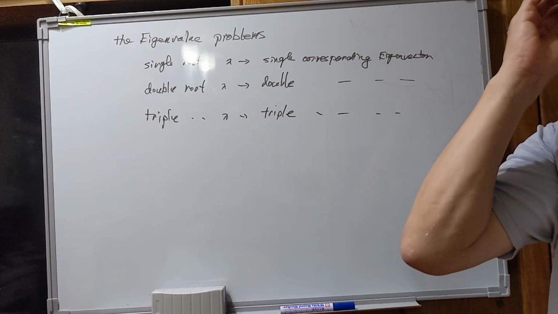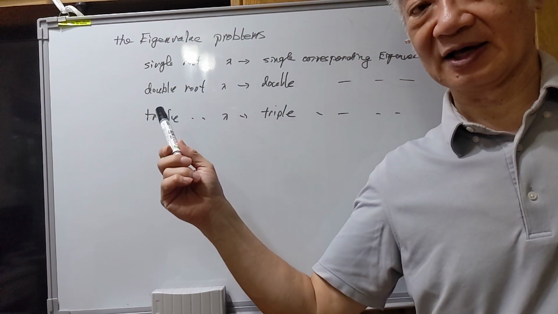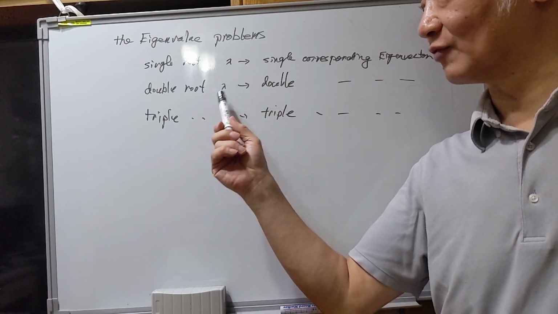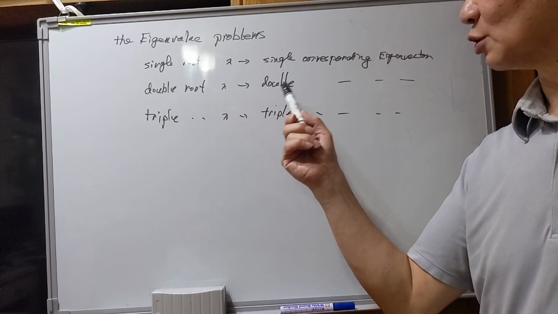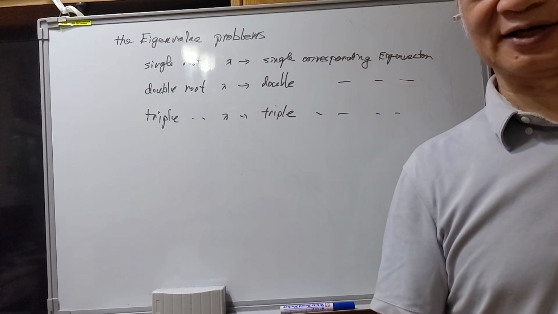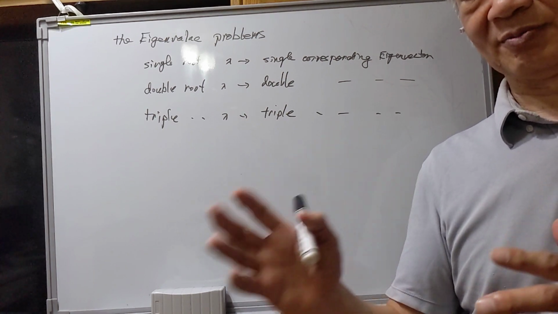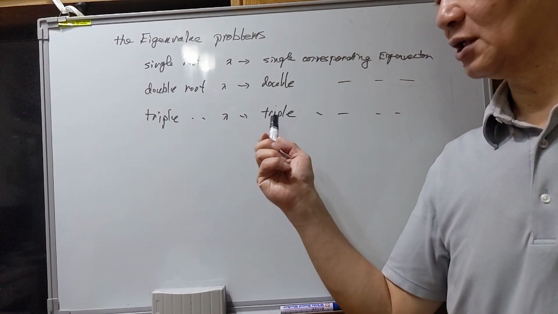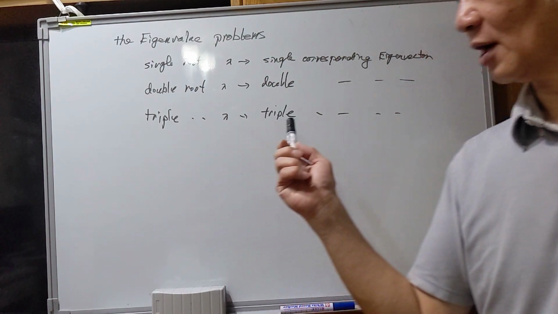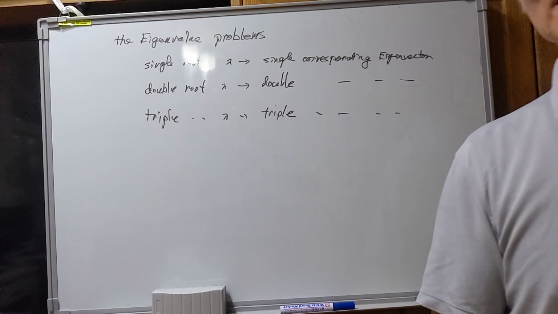And if we have an eigenvalue which is a double root, then we can find two corresponding eigenvectors. It means we can find two independent eigenvectors. And for the triple root of the eigenvalues, we can find three independent eigenvectors.